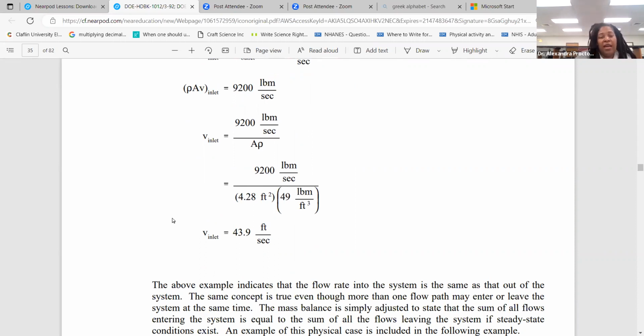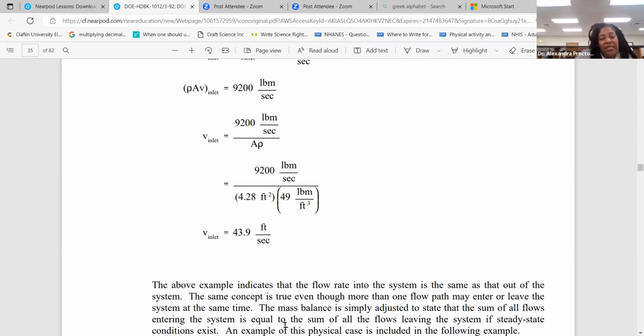So the above example indicates that flow rate into the system is the same as that out of the system, and the same concept is true even though more than one flow path may enter or leave the system at the same time.